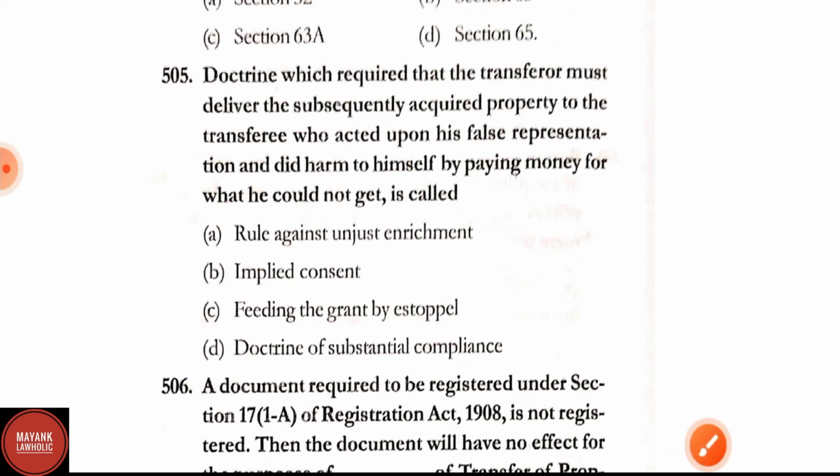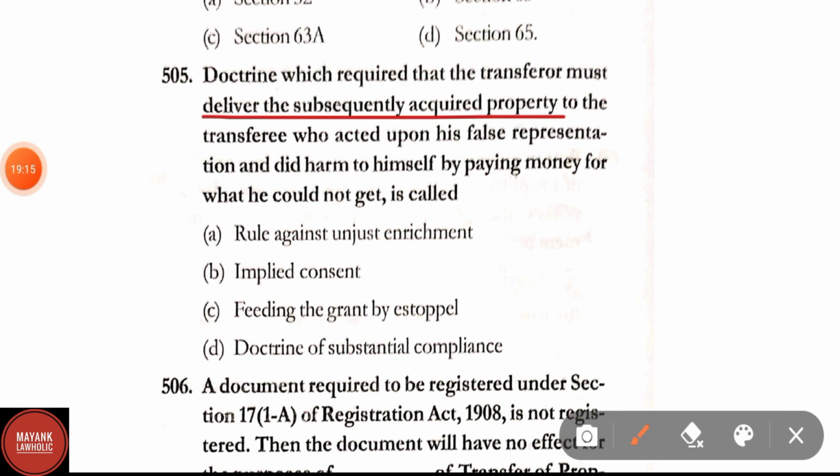Question number 505. Doctrine which required that the transferor must deliver the subsequently acquired property to the transferee who acted upon his false representation and did harm to himself by paying money for what he could not get is called option A, rule against unjust enrichment, option B, implied consent, option C, feeding the grant by estoppel, option D, doctrine of substantial compliance.